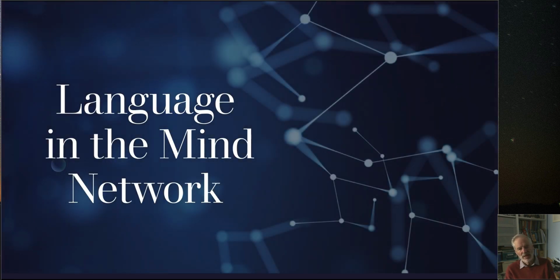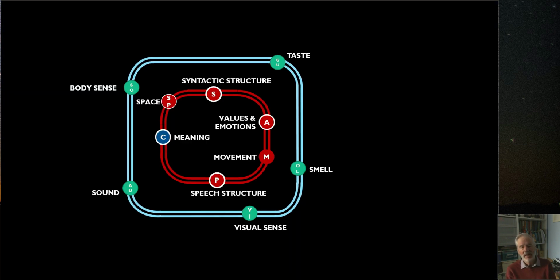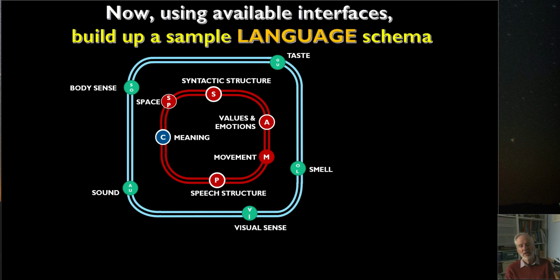Okay, so that's the end of the mind in general, and now let's look more specifically at language. We'll go back to our metro system here, the mind's software, so the brain's software, and now using available interfaces we'll build up a sample language schema.